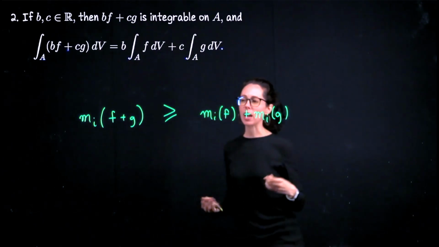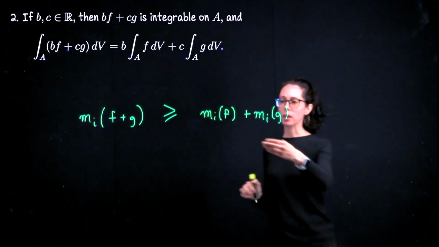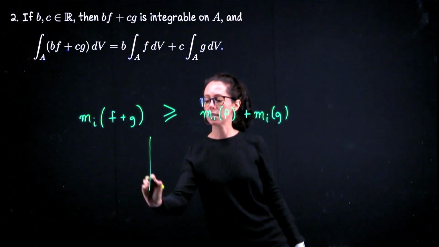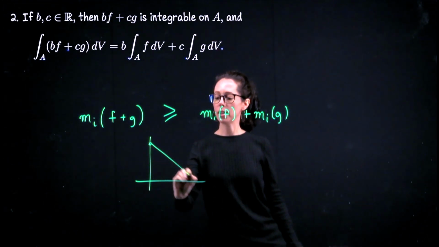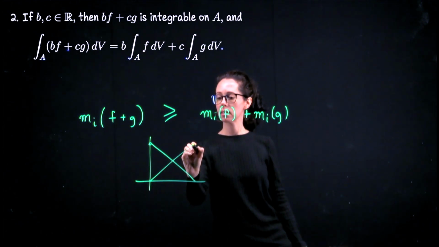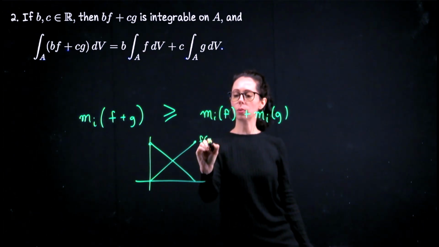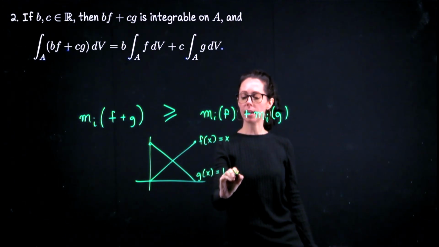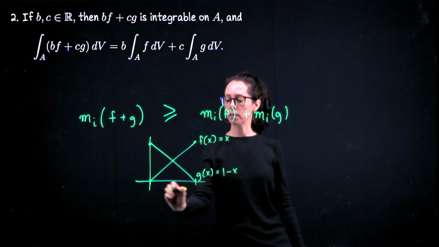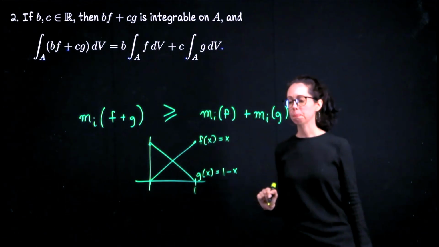I just did that kind of casually in words. Of course, they might not be minima, they might not be single variable functions, but for a nice example with single variable functions, consider, say, one of these is 1 minus x and the other one is x. So let's say f of x equals x, and g of x is 1 minus x. And here I'm just looking over the unit interval from 0 to 1.